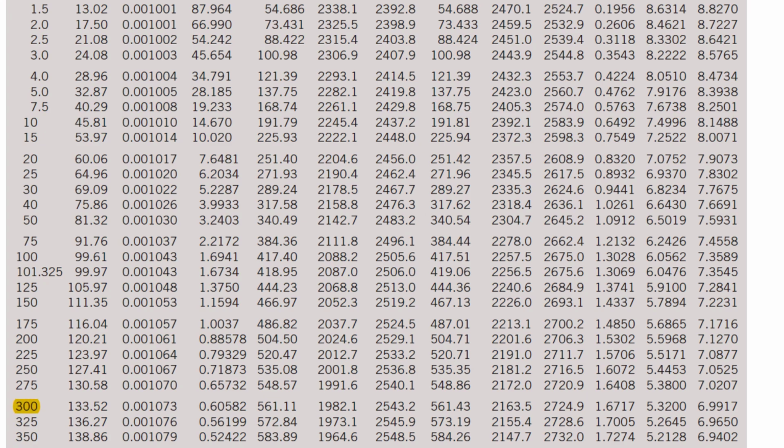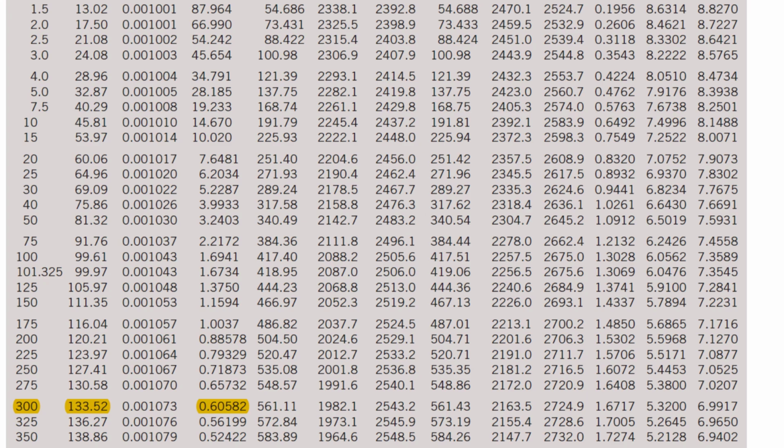Okay, and the value of Vg is also highlighted. Also notice the value of the saturation temperature, which is 133.52 degrees Celsius, and remember that our final temperature was 200 degrees.